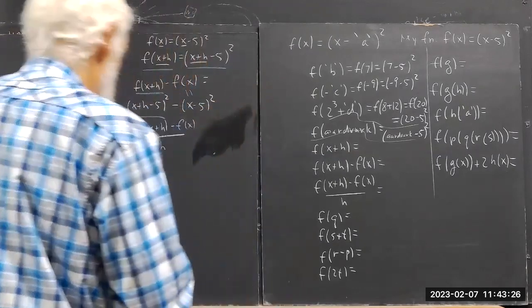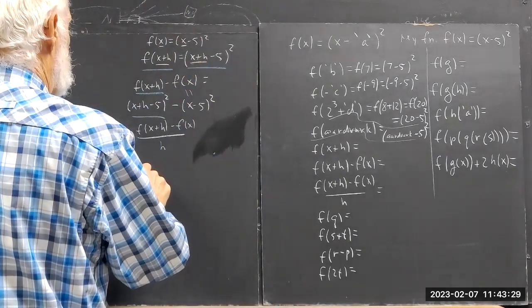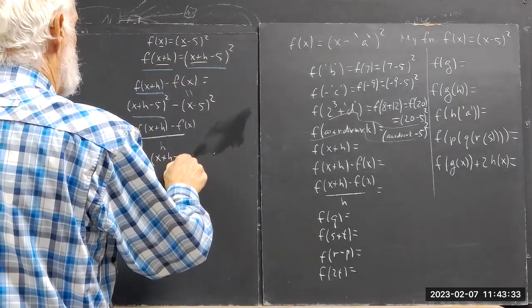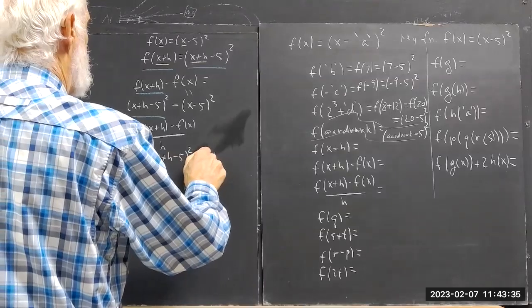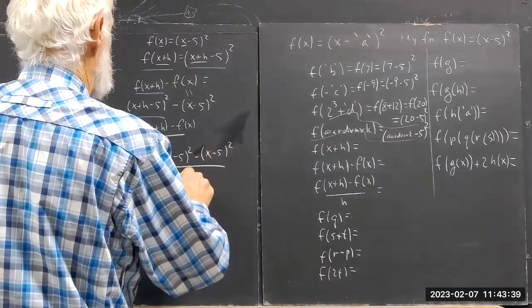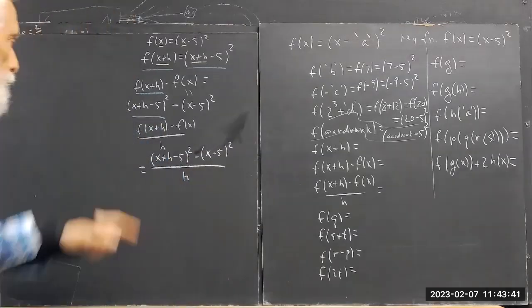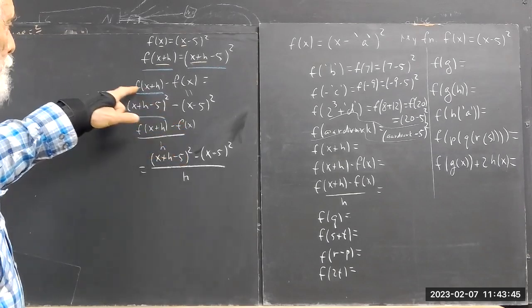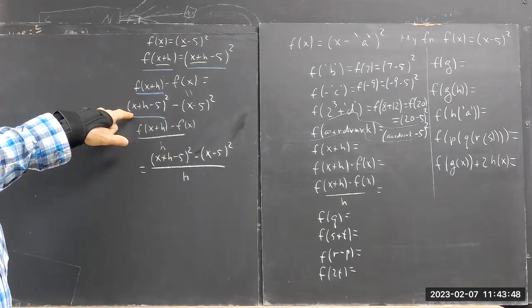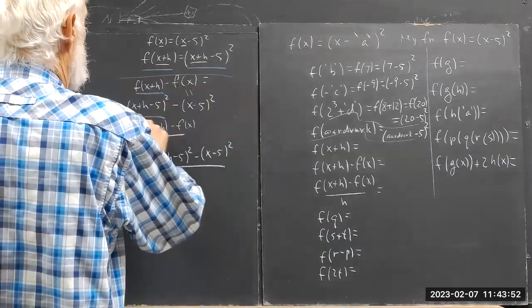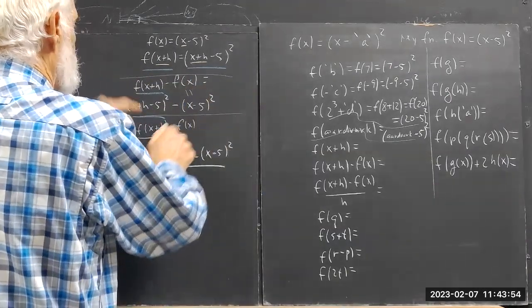Okay, this equals... you already have f of x plus h minus f of x here, so you just write this down.